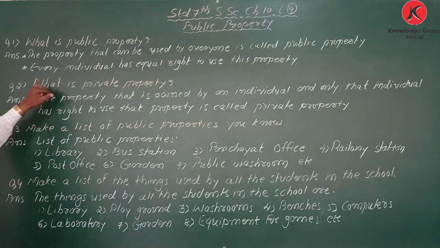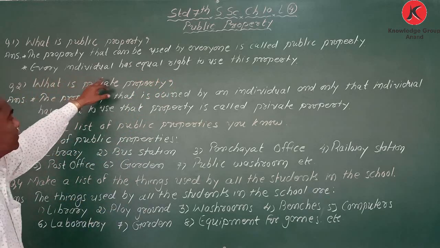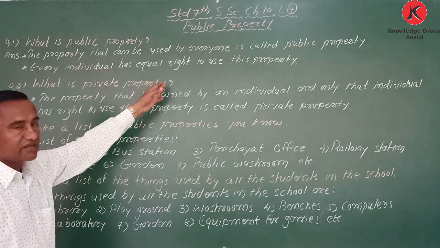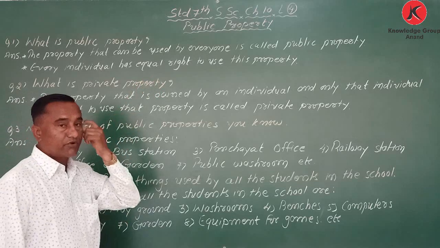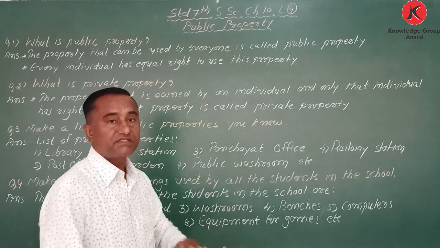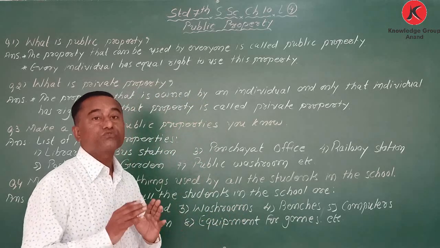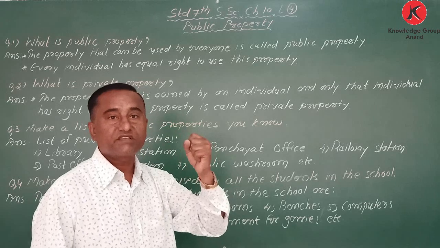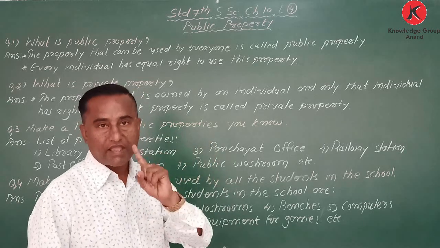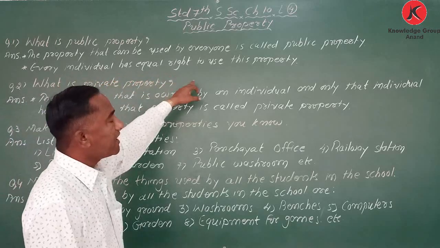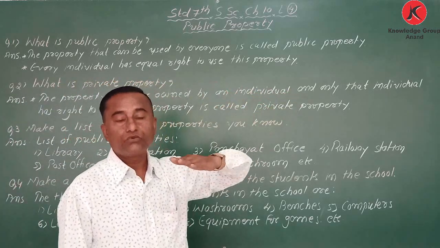Second point: every individual has equal right to use this property. When public property is there, everyone has equal right. It belongs to everyone, so nobody has a fixed right on it. Everybody has equal right to use it.